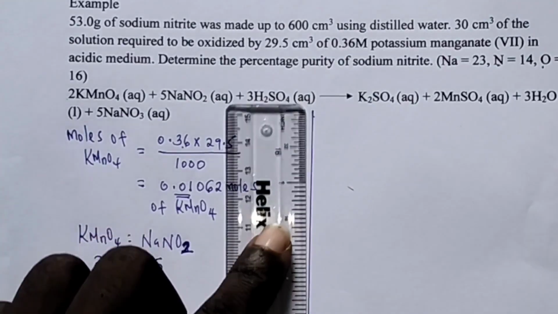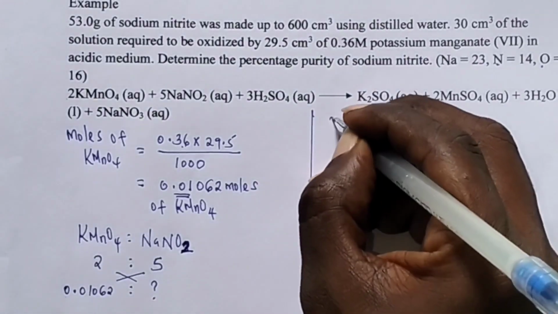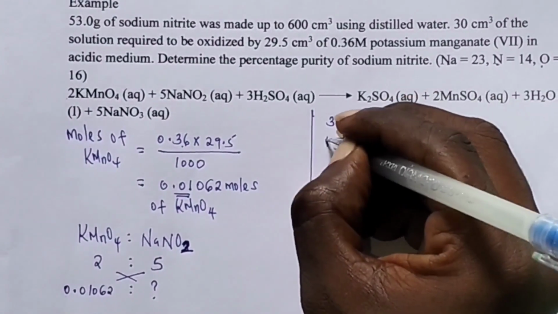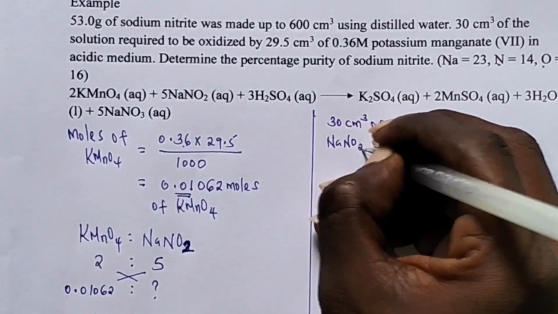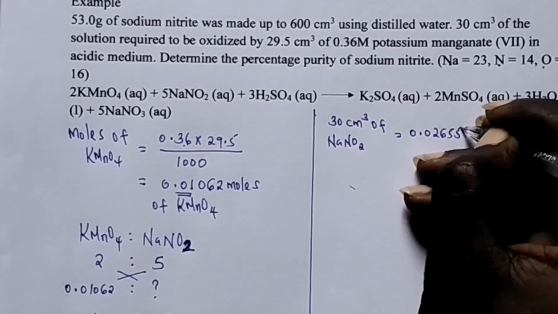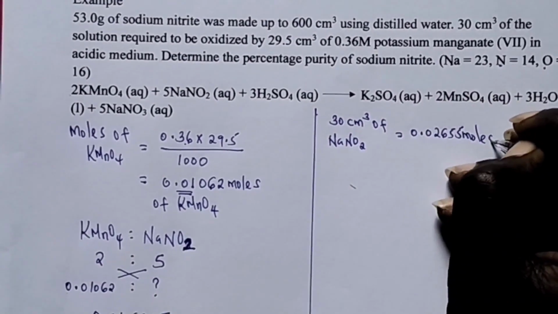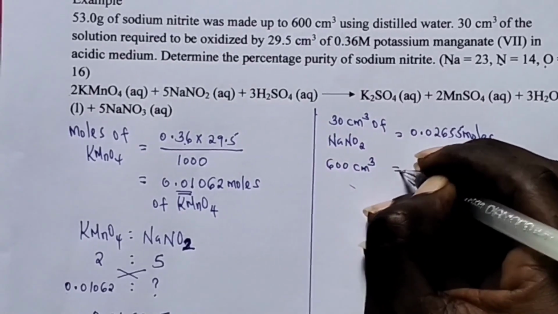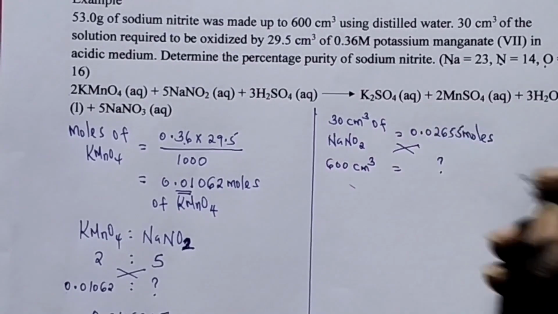If 30 cm³ of sodium nitrite has 0.02655 moles, what about 600 cm³?